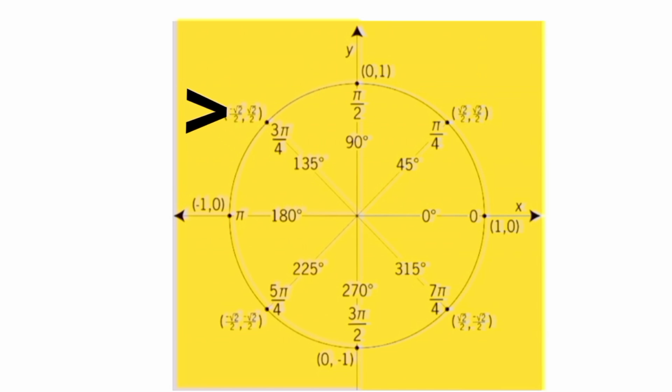For the third quadrant, at 225 degrees or 5 over 4 pi radians, both x and y are negative square root of 2 over 2. And on the fourth quadrant, at 315 degrees or 7 over 4 pi radians, the x coordinate is positive square root of 2 over 2, while the y coordinate is negative square root of 2 over 2.